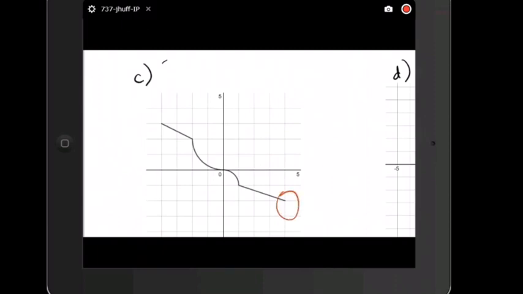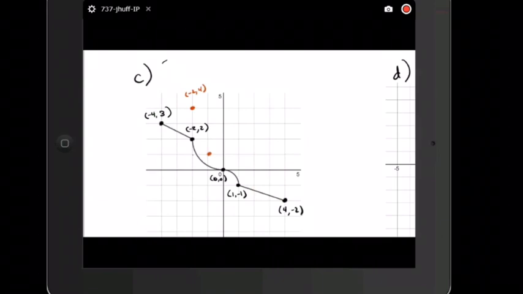So this point becomes the point -2, 4. This point here becomes the point -1, 1. Then we have 0, 0. Then we have 2, -2 from right here.